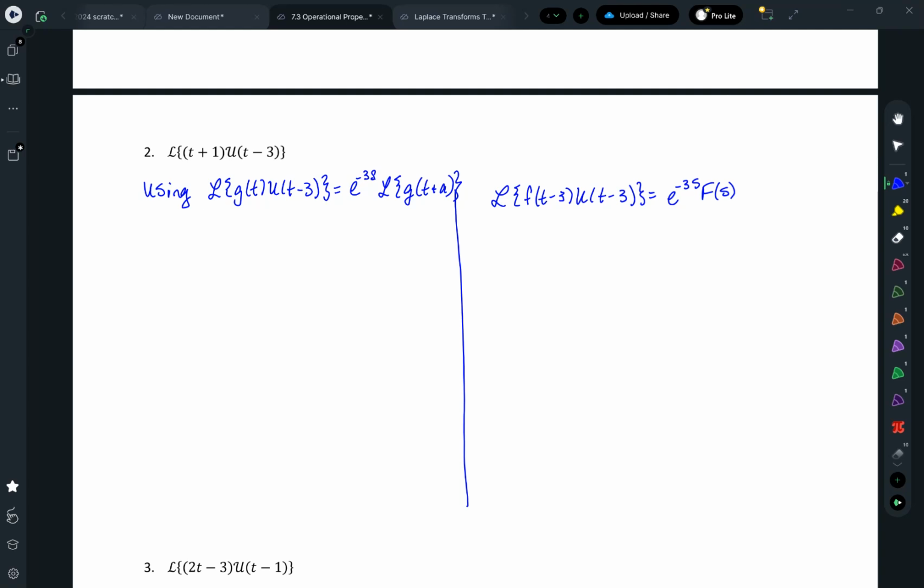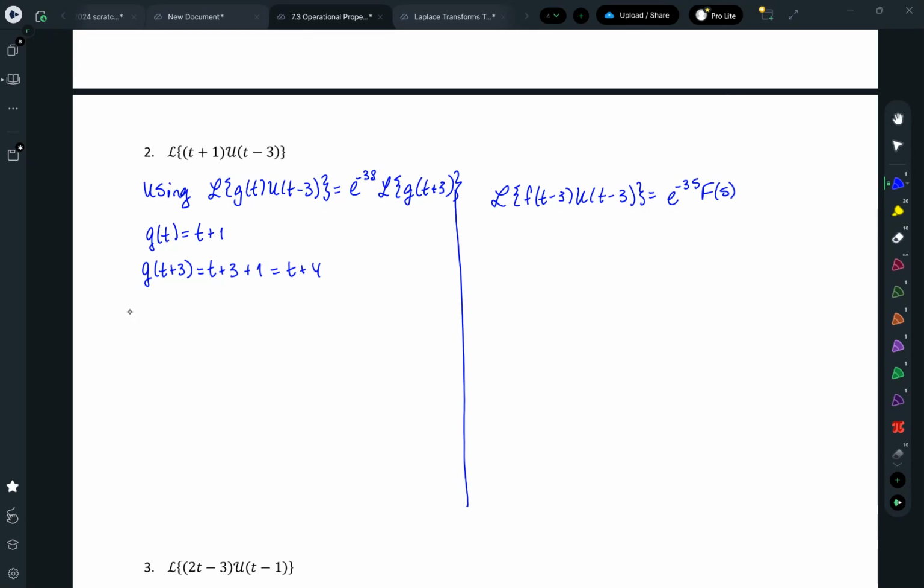All right, so I'm going to start with the first one. And I have g of t is equal to t plus 1. And I'm supposed to be saying, oh, well, I need g of t plus 3. And if I can get g of t plus 3, then I can write this all out for myself. So g of t plus 3, that means go back to g of t, and wherever there's a t, replace it with t plus 3. So this is t plus 3 plus 1, which is t plus 4.